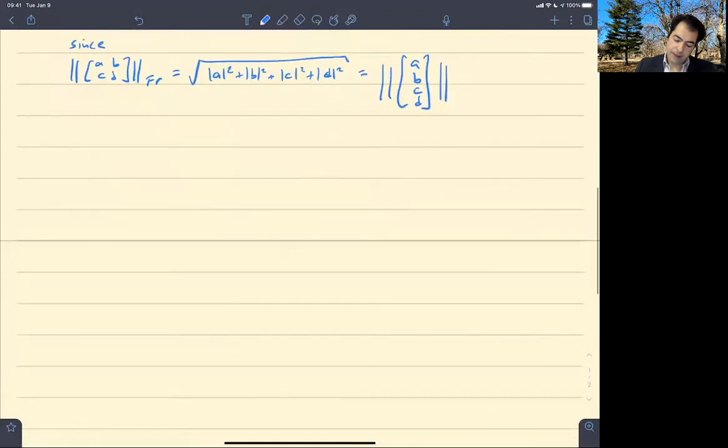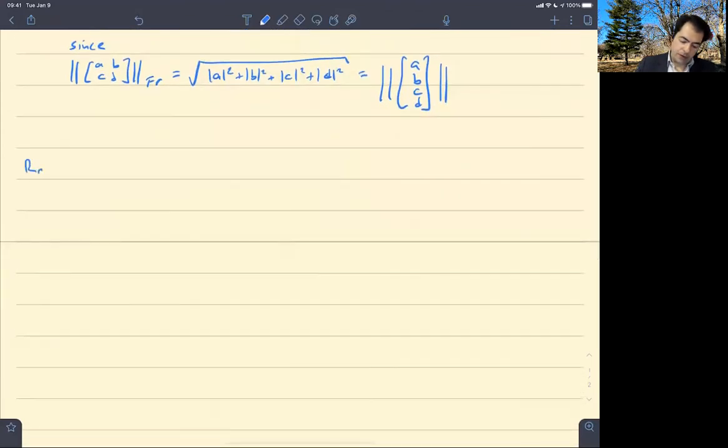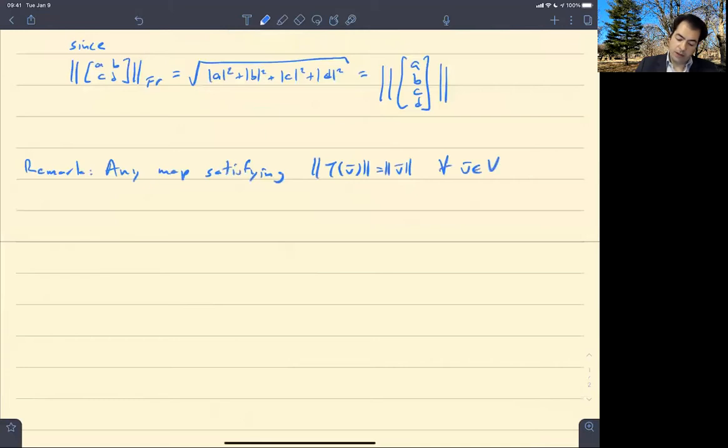Okay, here's an obvious thing to notice about isometries. Any map satisfying that the length of T of v is equal to the length of v for every vector v in V is injective.